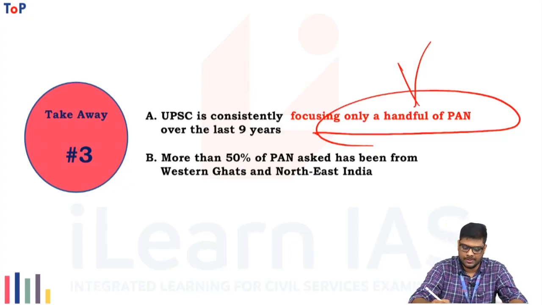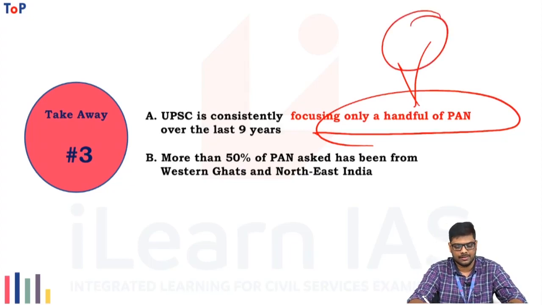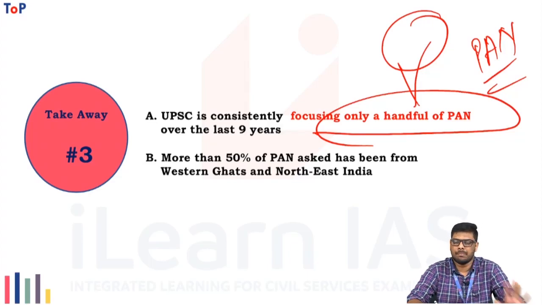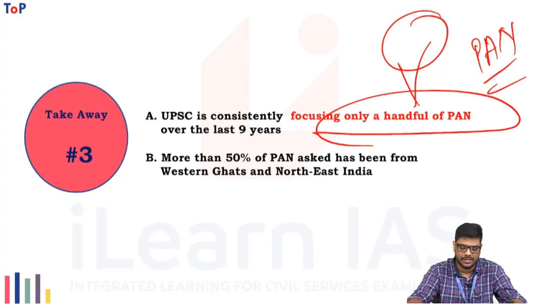They have chosen a set of protected areas. Please remember that from now onwards I will refer to protected area networks as PAN, because it is easier to say. So UPSC has a list of some selected PAN to put as options of questions in different years.